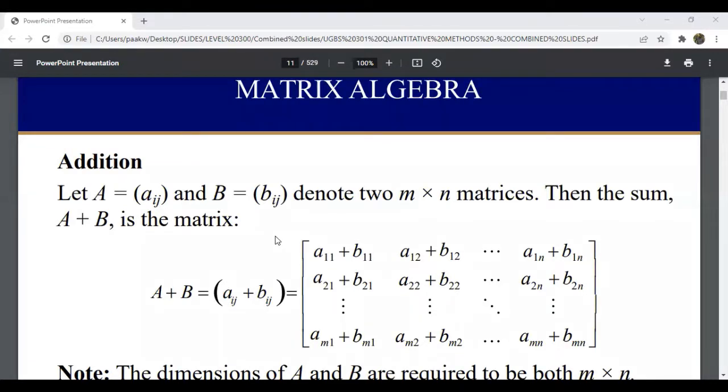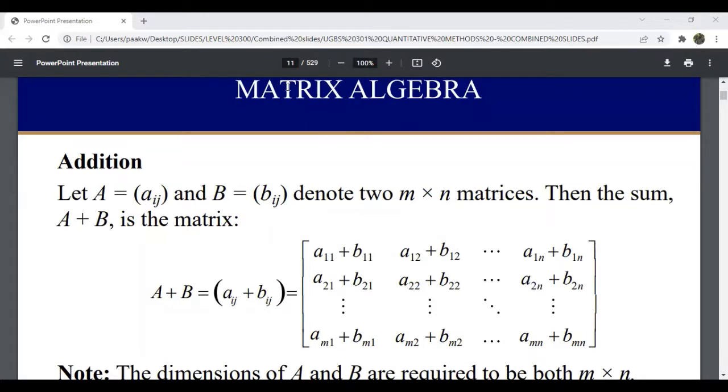When you talk about addition, the number of rows and columns of the first matrix, matrix A in this case, must be equal to the number of rows and columns of matrix B. In simple terms, the dimension of matrix A must be equal to the dimension of matrix B before you can perform the addition.